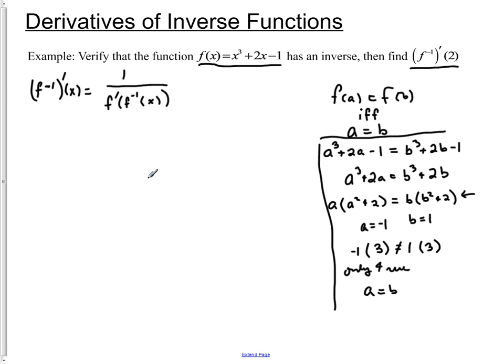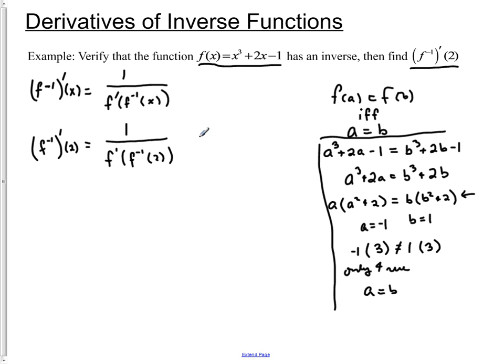All right, so how do we use this fact to help us right here? Well, all right, we want to find f inverse prime of 2. To do that, we're going to have to take 1 over f prime, which we can figure out pretty easily, of f inverse of 2.